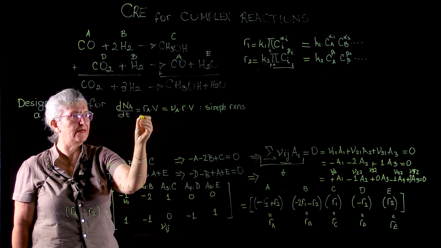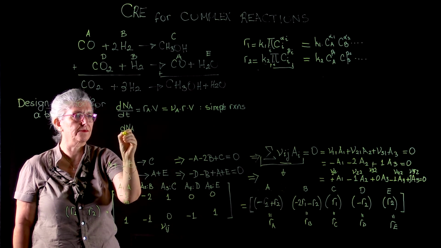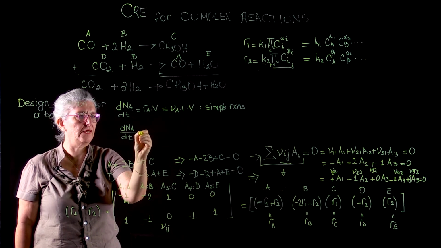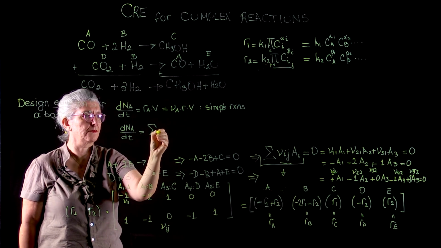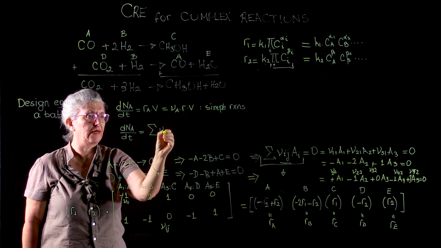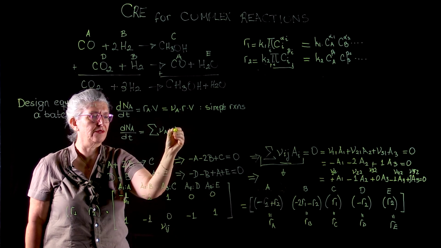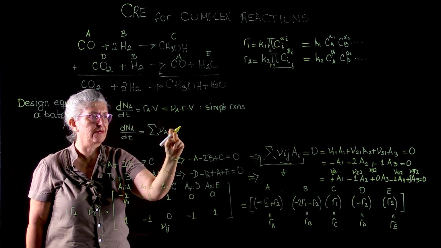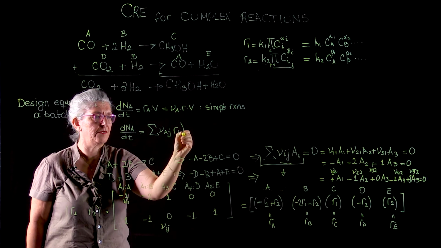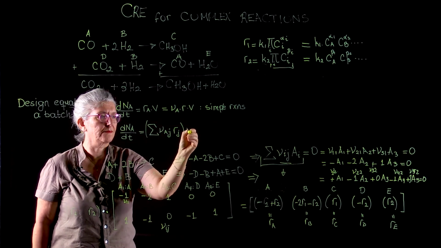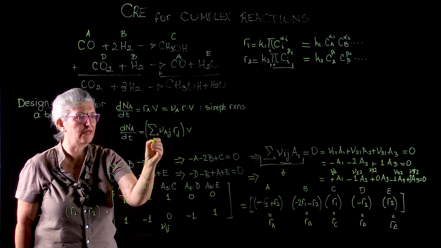We should be writing this for complex reactions as dN_A over dt equal to the summation of nu_AJ times R_J times V. So we are summing over all the reactions.